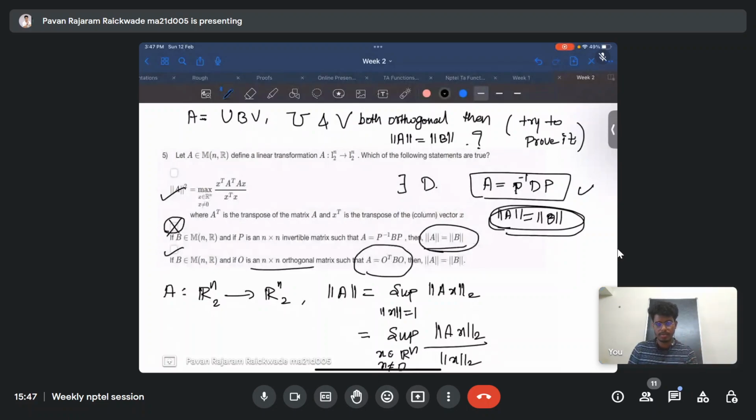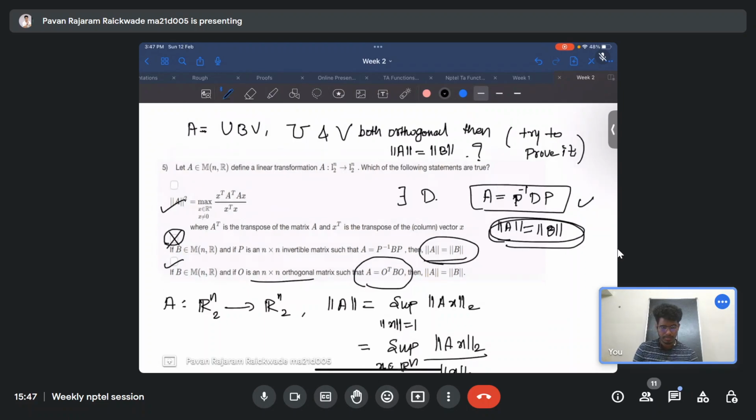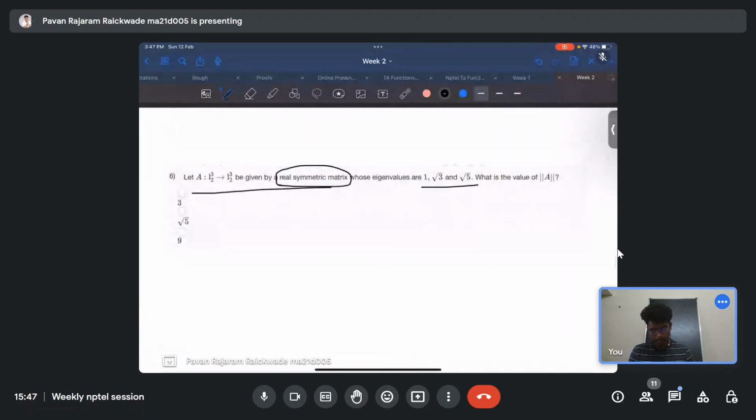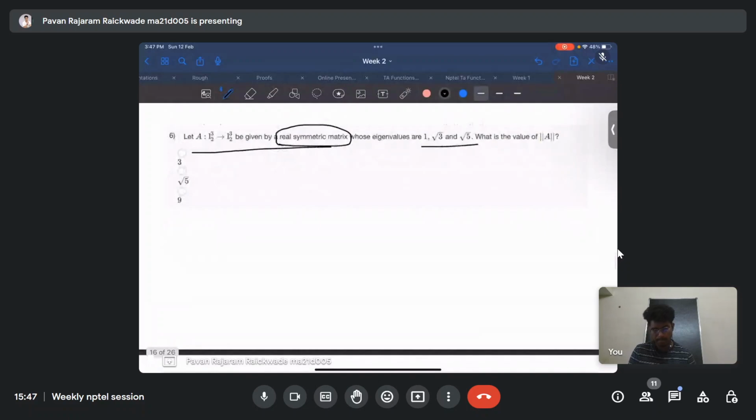The eigenvectors are orthogonal to each other for a real symmetric matrix, so that will be useful here. Yes, absolutely. Actually, the higher result is the spectral theorem. A real symmetric matrix is unitarily diagonalizable. What do we mean by unitarily?